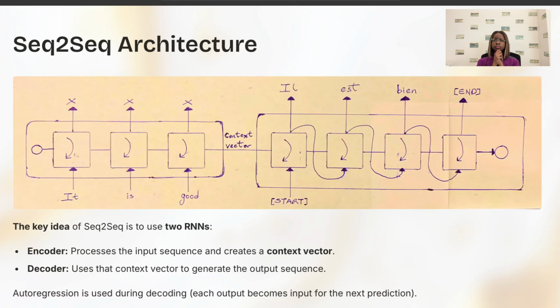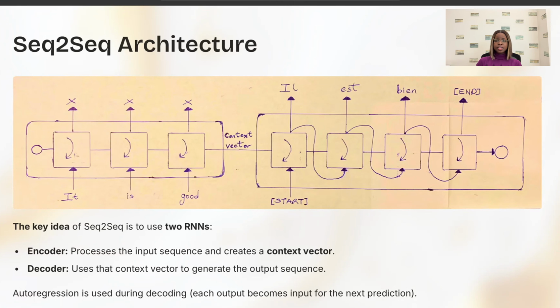So it receives the first input. But in a sequence to sequence architecture, we are not concerned about the output prediction for words. We don't care about that because it's just an encoder, right? So that's why the outputs are just these cancel signs.